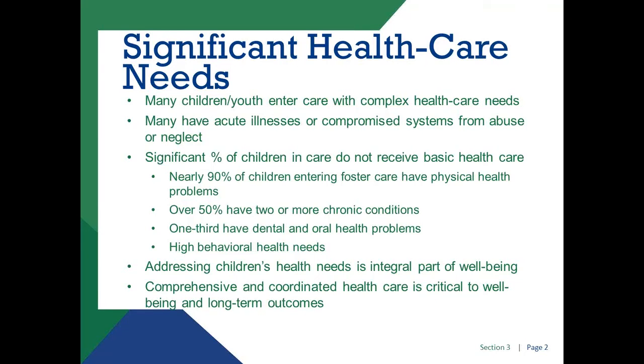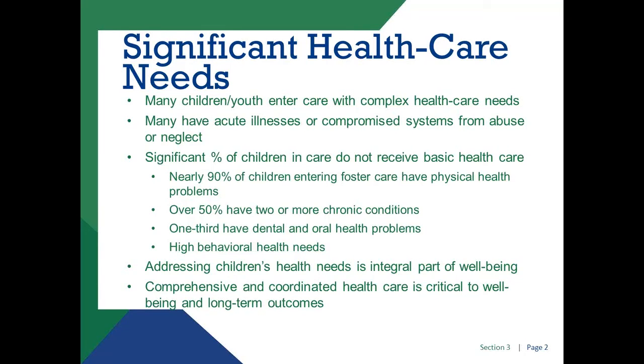And at the same time, as many as 50 to 75% of children in care show some behavioral or social competency problems that warrant mental health services. And unfortunately, they often do not receive the basic health care that they need.